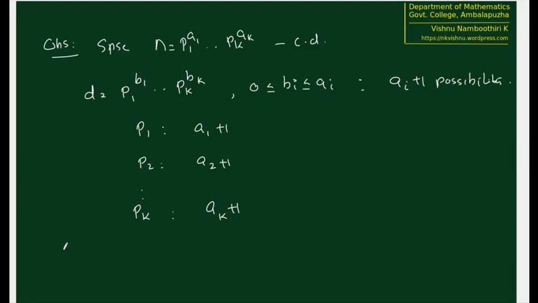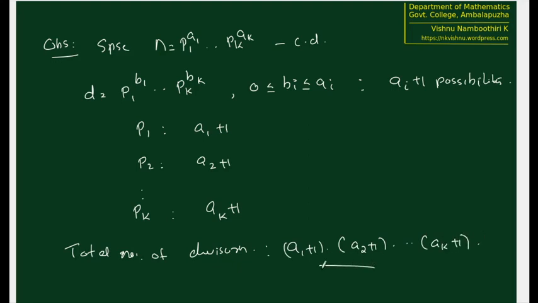Therefore the total number of divisors is the total number of possibilities, which is a1 plus 1 into a2 plus 1 into etc. ak plus 1. So this is the number of divisors of the number n, and this is obtained from the canonical decomposition of n.